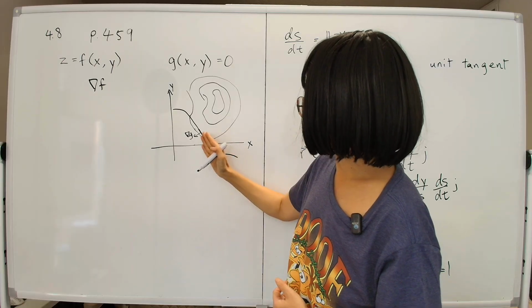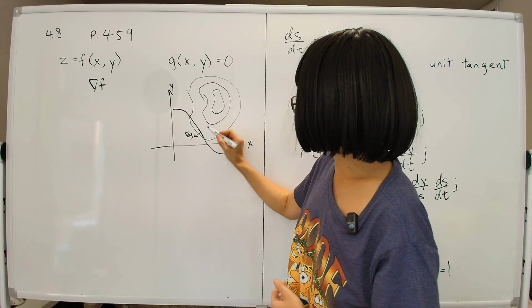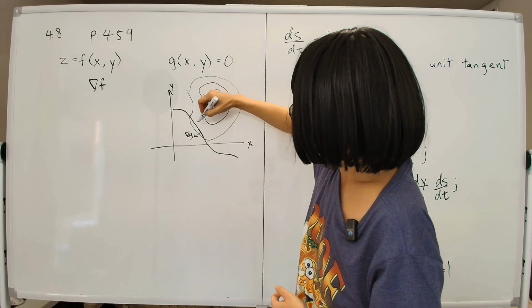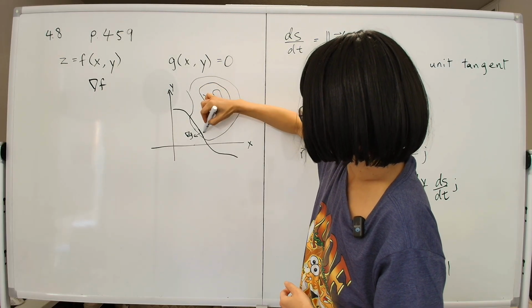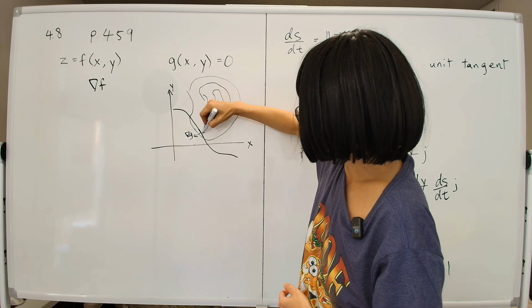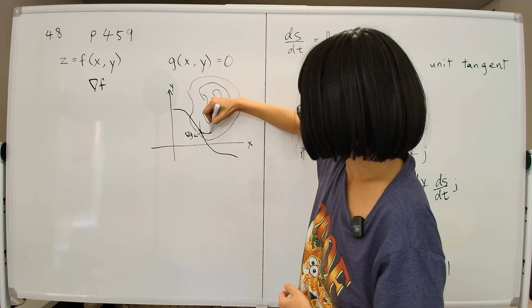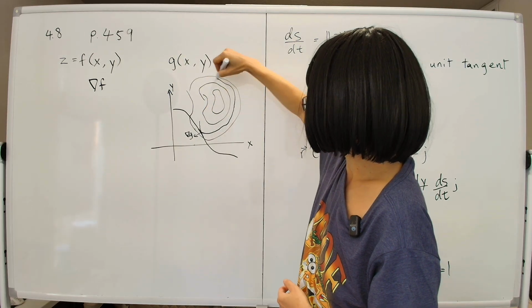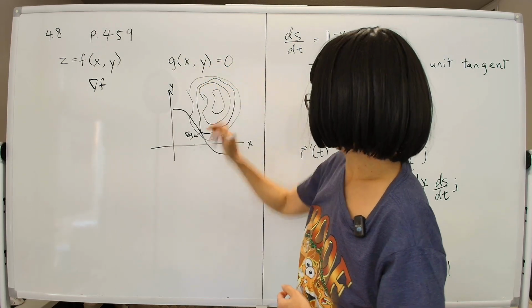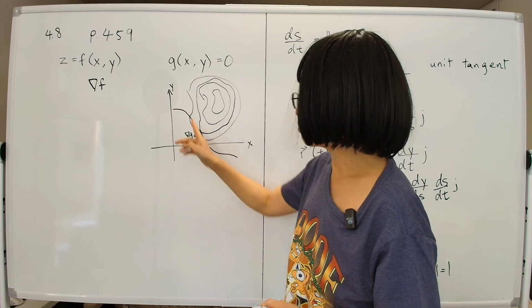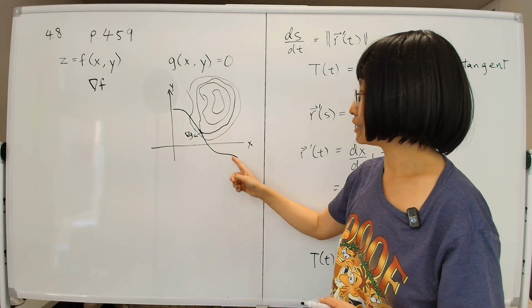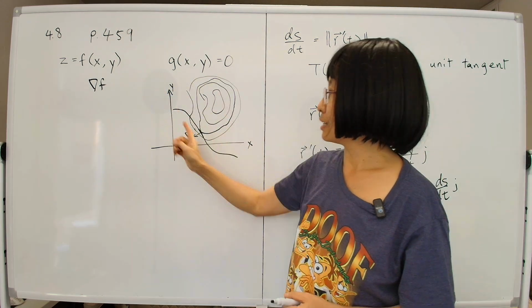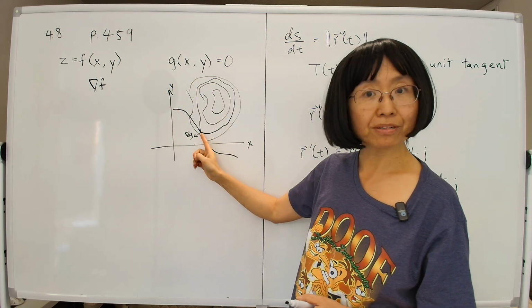Now, as you can see, there is a point where you can draw a contour line close enough to this curve that it will barely touch it. Let's say this contour line: as you cross this point along g, you will reach the highest point of f where it touches.